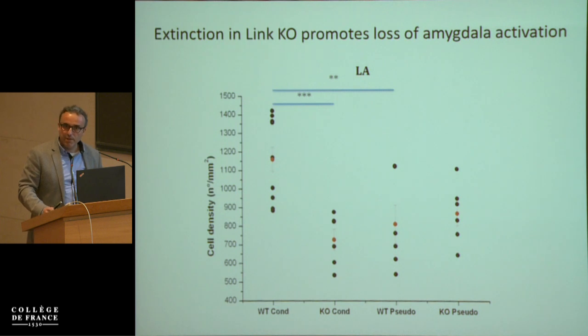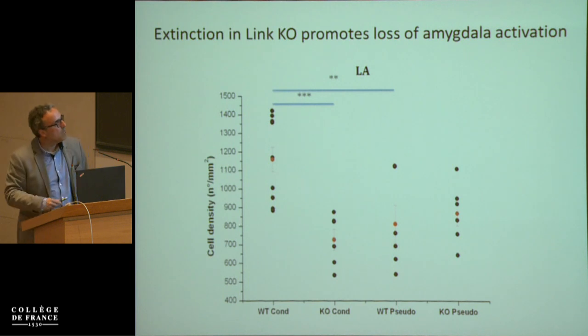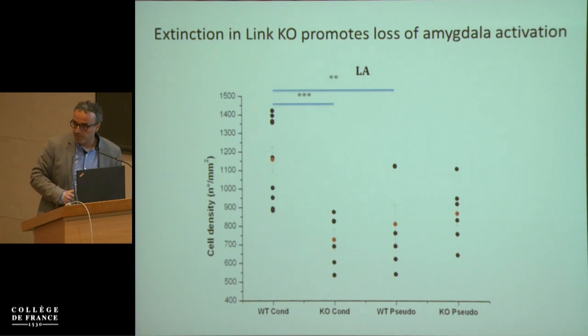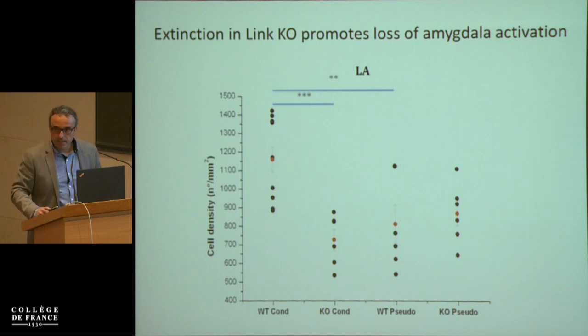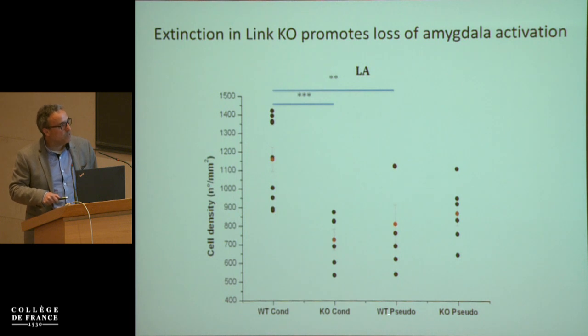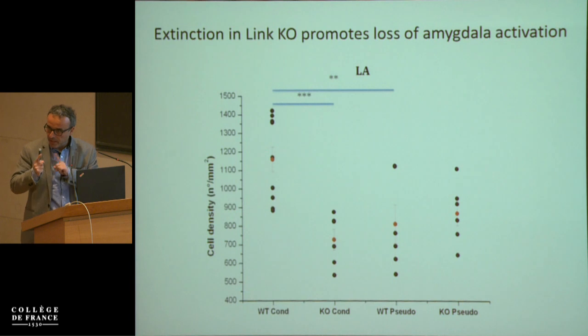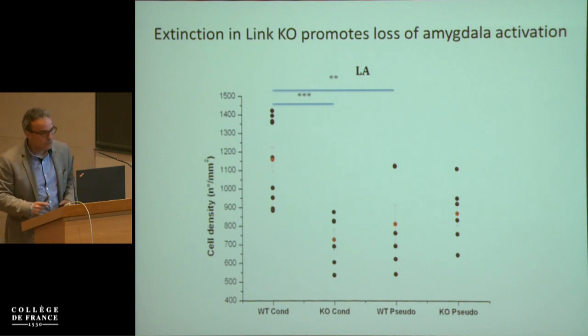This is in agreement with the fact that they probably show less fear because there is also inhibition from the prefrontal cortex, but you still can have activation from the CS. While in the knockout, there is complete loss of activation by the CS. So the levels of ZIF-268 are the same as the pseudo-conditioned animals, the ones that got the shock but didn't get the association between the cue and the shock.